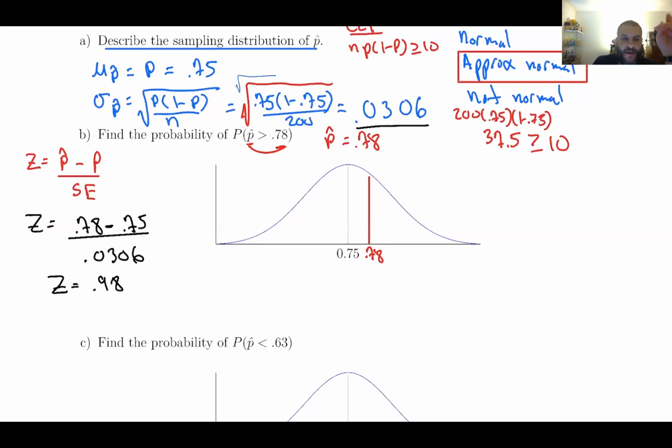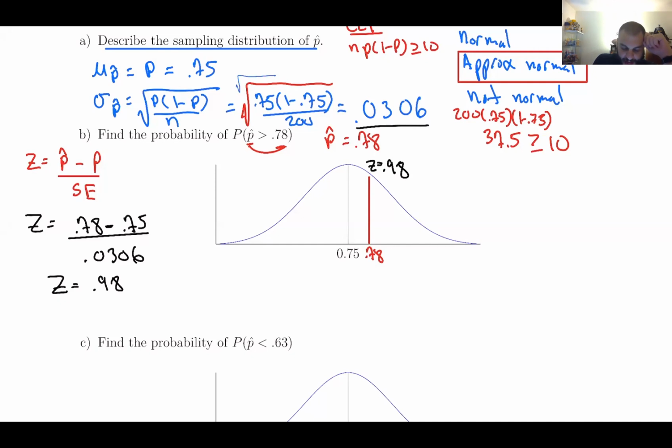So there's 0.98. We converted the 0.78 into a Z-score of 0.98. Remember, 0.78 and 0.98 are pretty much the same thing. The only difference is that one of them is your p-hat, the other one is the Z value.